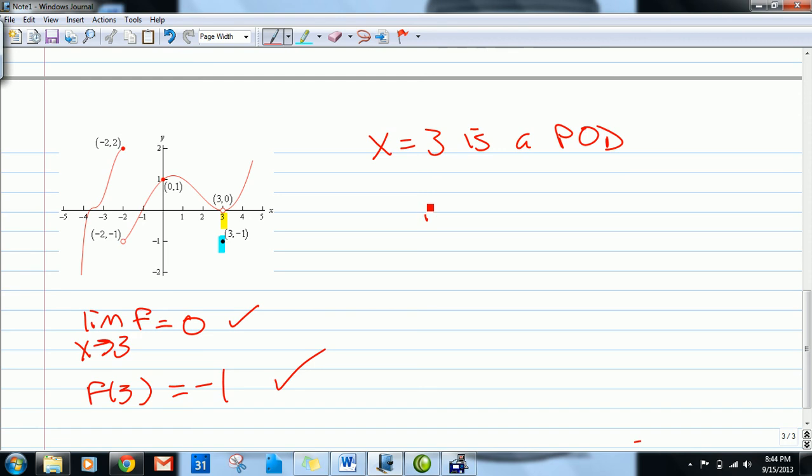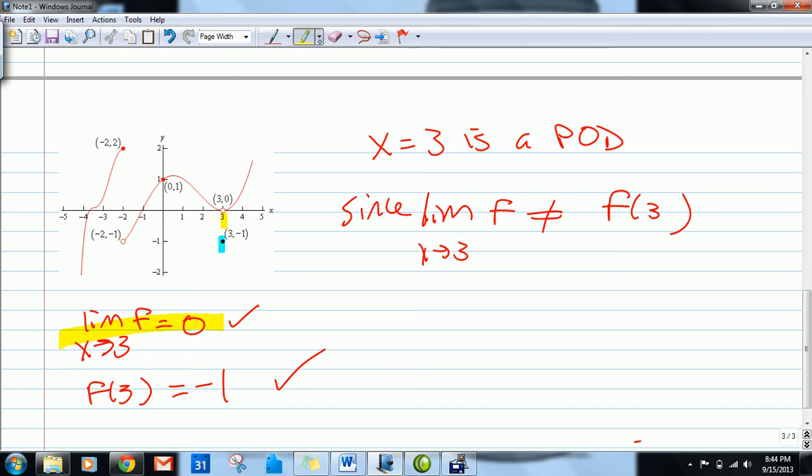The limit as x is going to 3 of our function isn't equal to the function value at 3. The limit, of course, being 0, and yet the function at x equals 3 is -1. Oh boy, that's a bummer. So we have inconsistency around and at the point.